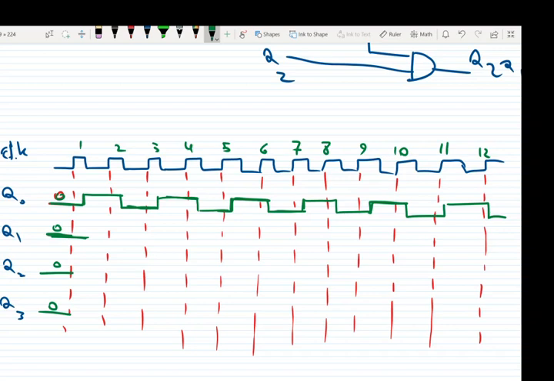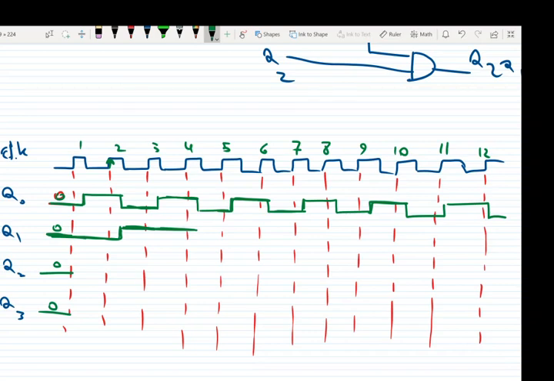At clock cycle 2, at the rising edge that I'm showing with this arrow, Q0 is 1, so Q1 will be changed. At clock cycle 3, Q0 is 0, so Q1 is not going to change.